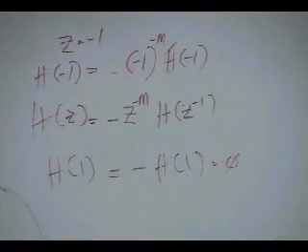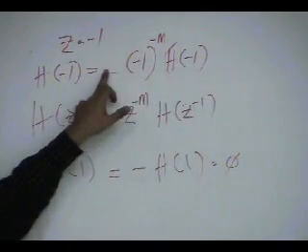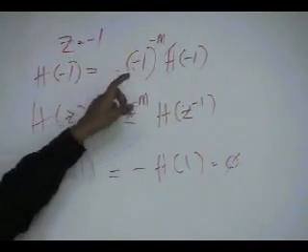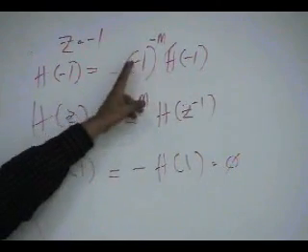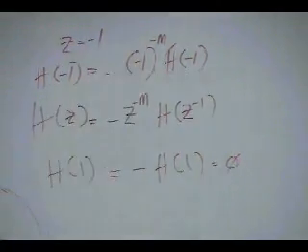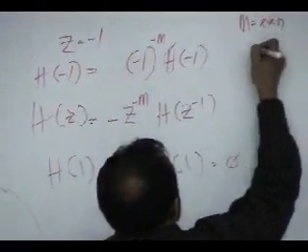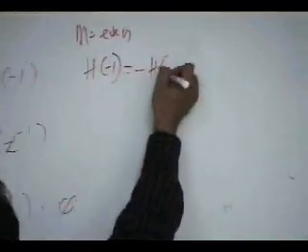For m odd, this minus 1 and minus 1 will cancel or make plus, so we are not interested in that. For m even, what will happen? For m even, H(minus 1) is equal to minus H(minus 1), which is only true if it is 0.